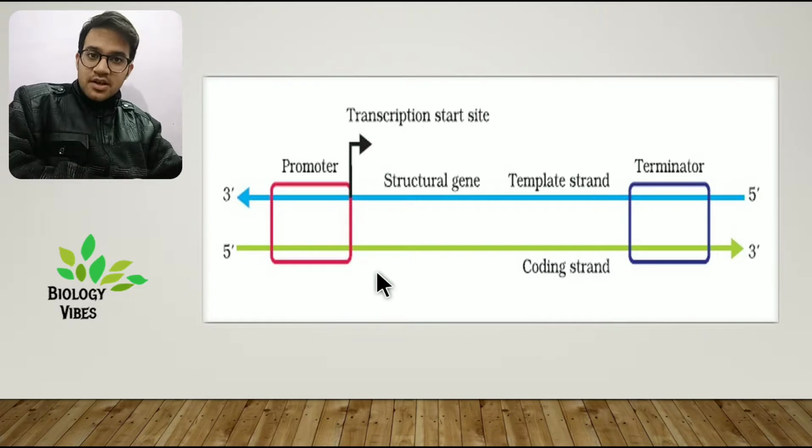So if you see, the base sequences in the mRNA and the base sequences in the coding strand will be the same. That's why the coding strand is called the sense strand and the template strand is called the antisense strand. It moves in the 5' to 3' direction, keeping this blue part, the template strand, as the base, and then nucleotides are added that are complementary to this template strand.